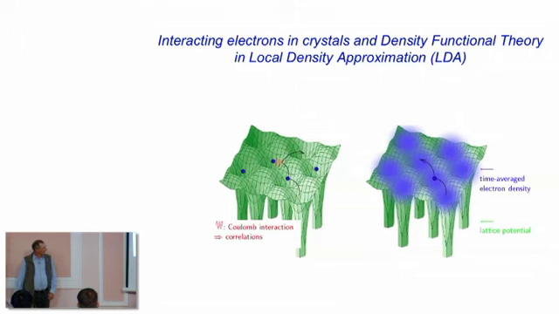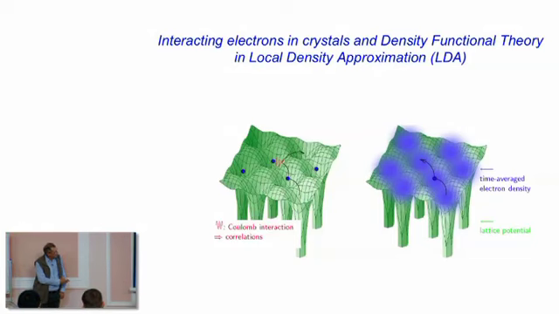Then, if an electron lives long enough on one of the atoms, when a second electron comes there, they will feel repulsion. Then they will avoid each other, and that means they will move in a correlated way. Their movement will be correlated, hence the name.